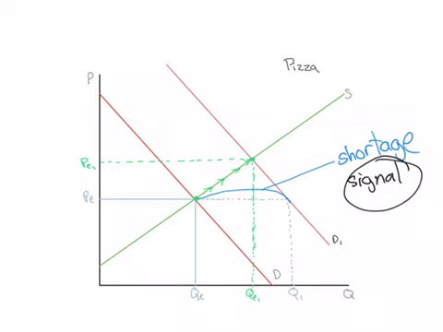By the way, the reason I'm calling it P E1 and Q E1 is to distinguish it from the first equilibrium price and quantity. This is the new equilibrium price and quantity. So this right here now becomes the new equilibrium.